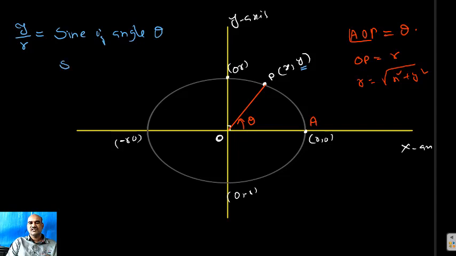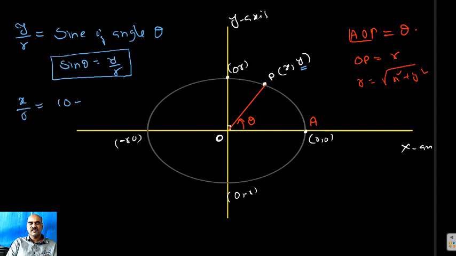In short notation, sin theta equals y by r. Next, x by r is defined as the cosine of angle theta. So x by r is equal to, in short notation, cos theta.